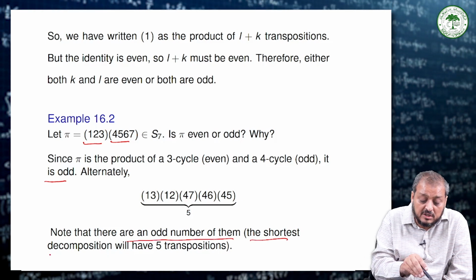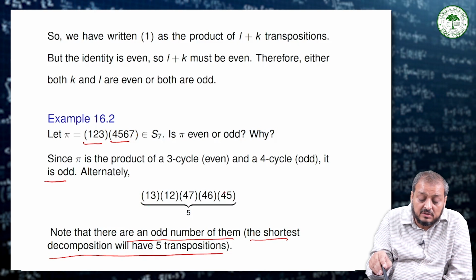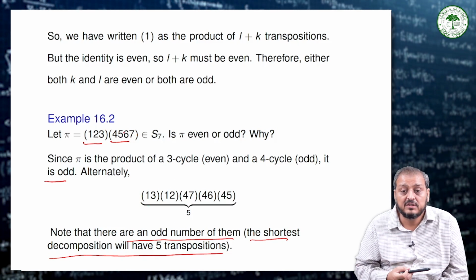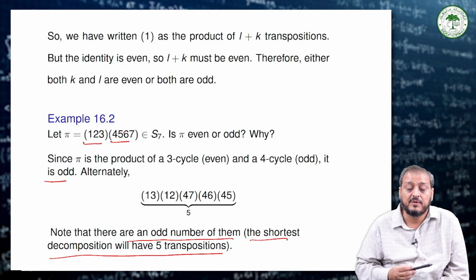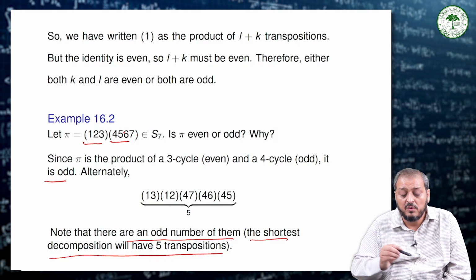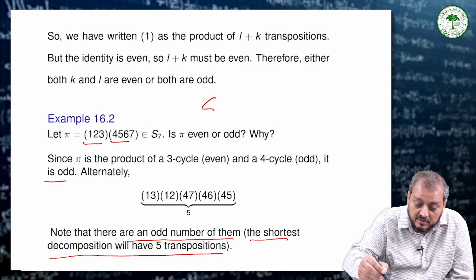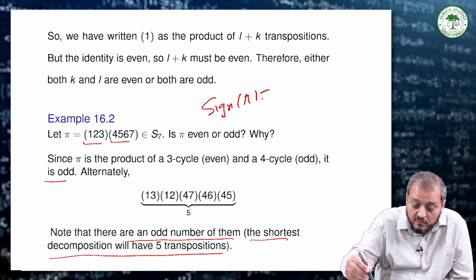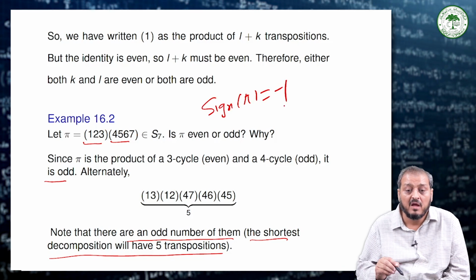The shortest decomposition will be 5 transpositions, so clearly this permutation is an odd permutation, and if it is an odd permutation then the signature of pi is equal to minus 1.